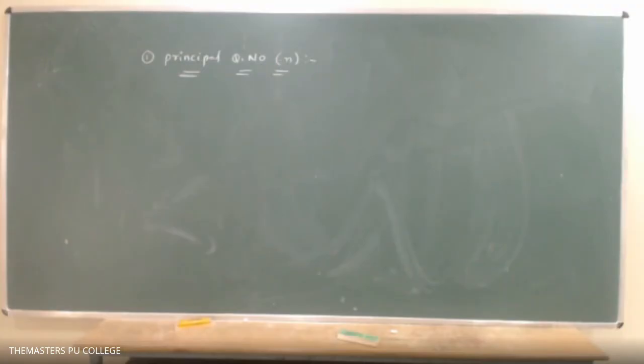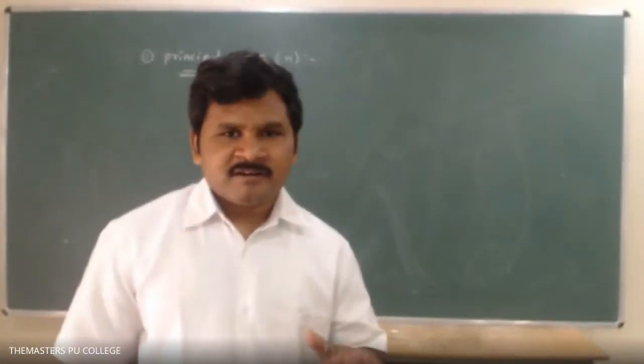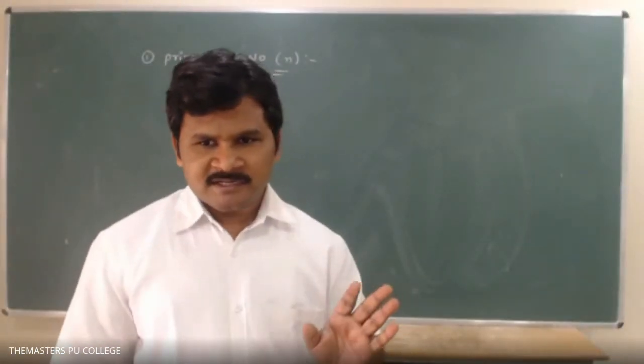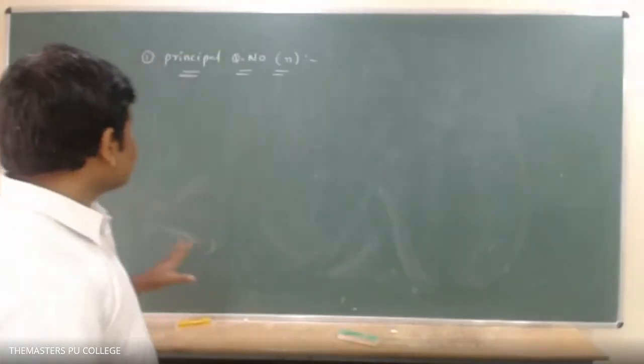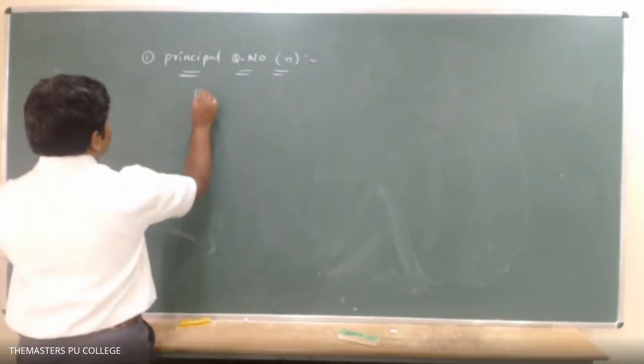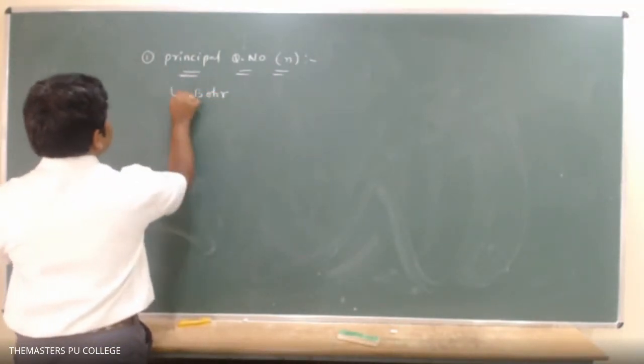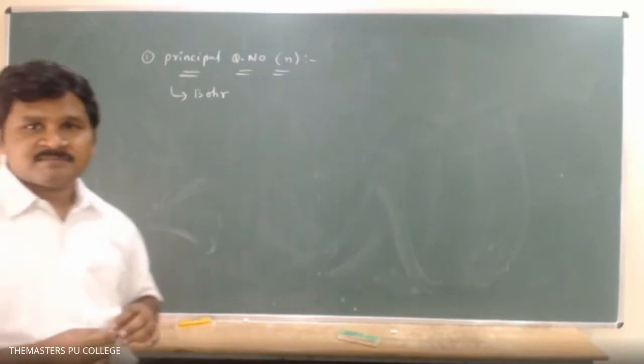So shell number and principal quantum number are nothing but the same. Later you ask, Ramara I think asked it. Principal quantum number was proposed by Niels Bohr. Niels Bohr proposed this principal quantum number.